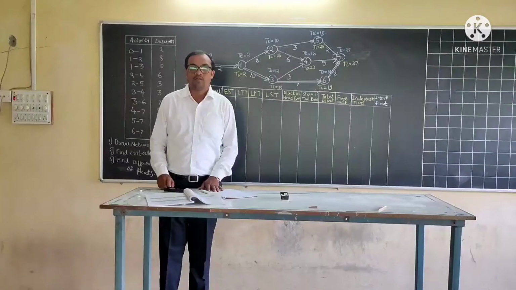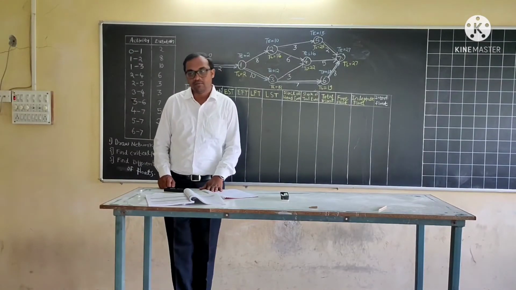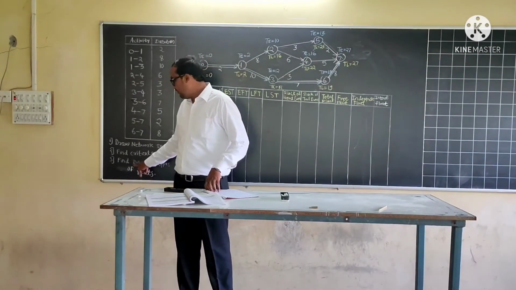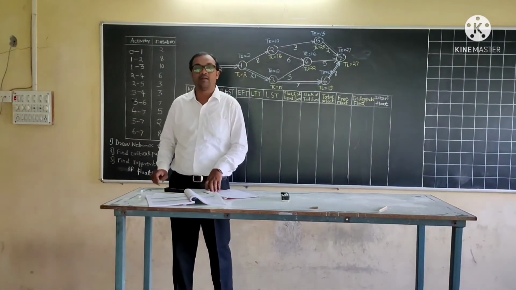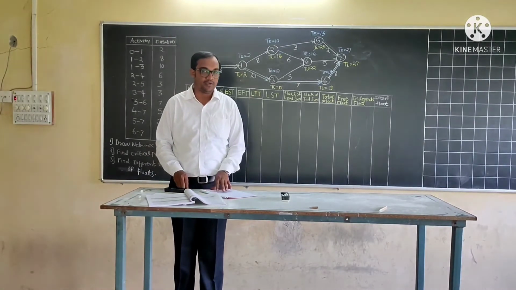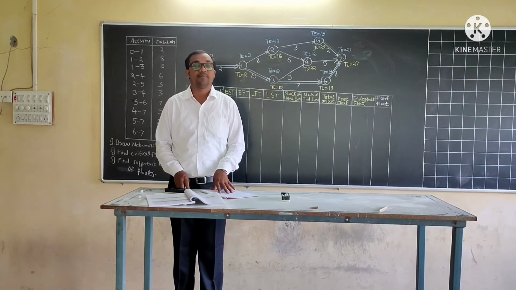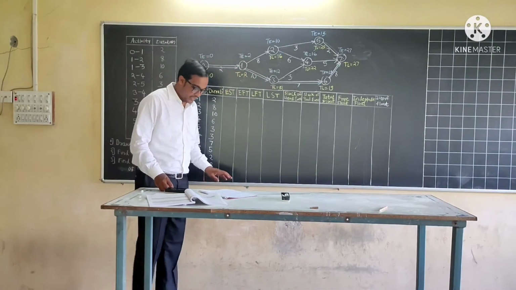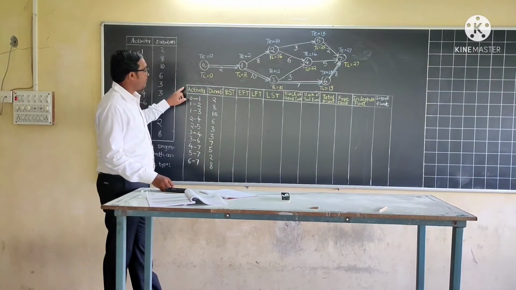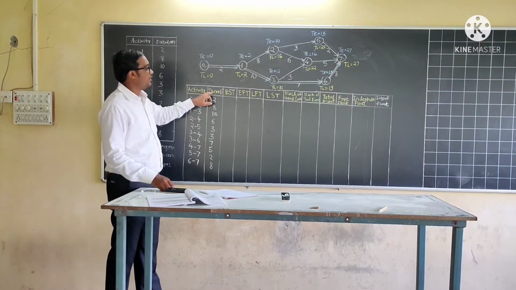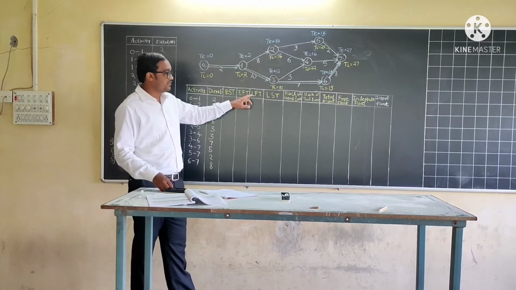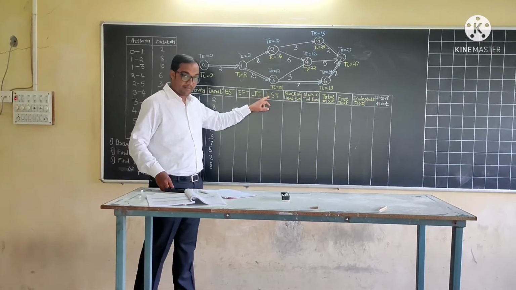Hope you understood it. Now the third point is remaining, that is, find out different types of floats. Already we have drawn the network diagram and found the critical path and total project duration. For that purpose we need to prepare a table starting with activity, its duration, early start time, early finish time, latest finish time, latest start time.